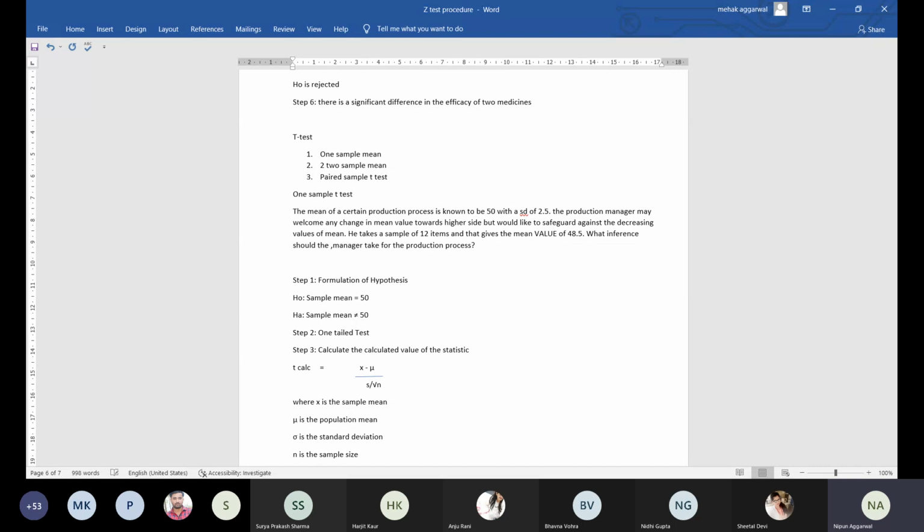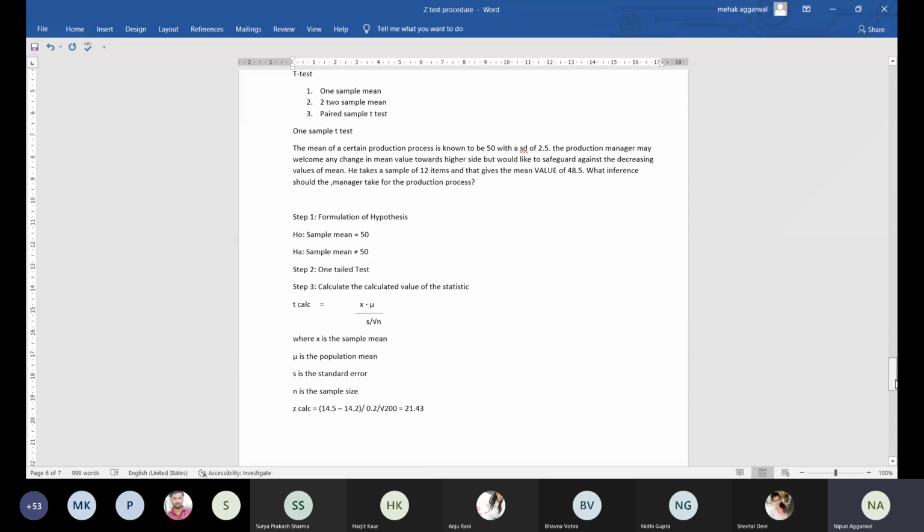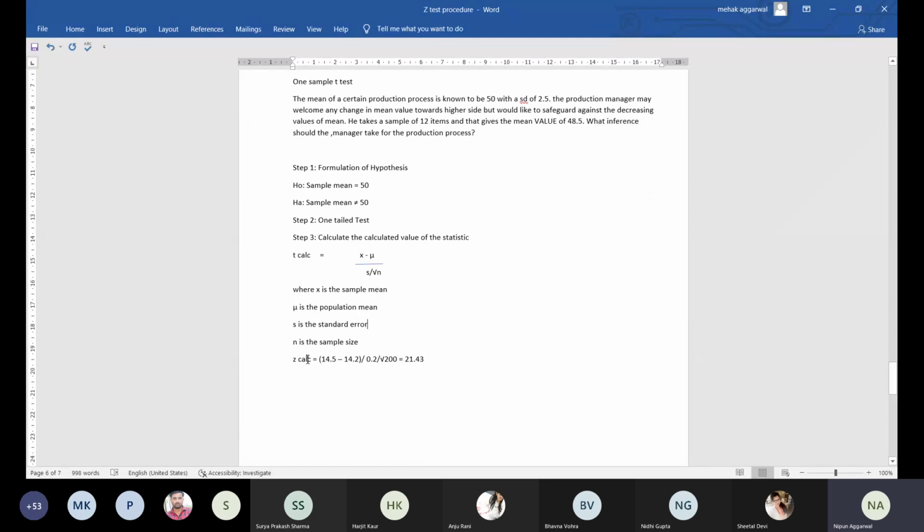This is S, the standard deviation. So this will be x minus mu divided by S by under root n. That becomes the formula, and everything is known to you.